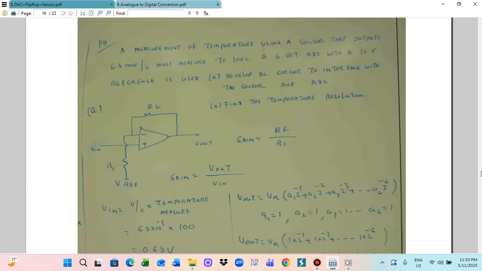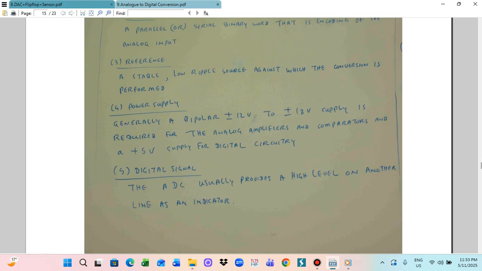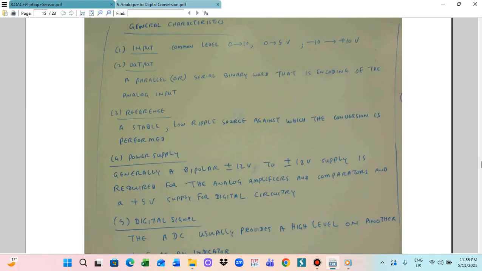The general characteristics of the ramp analog to digital converter: the input is a common level 0 to 10, 0 to 5, or minus 10 to plus 10 volt. Output will be parallel or series binary, the encoding of the analog input. The reference will be a stable, low ripple source against which the conversion is performed.